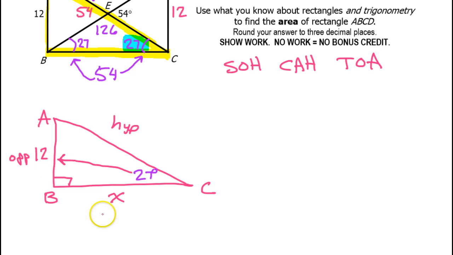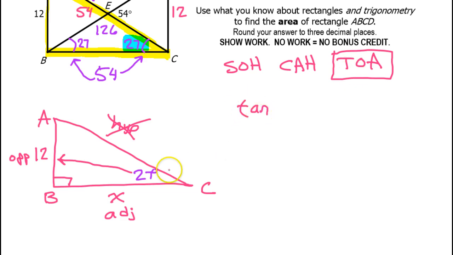So this is opposite, which means that this is adjacent. But the hypotenuse isn't doing anything. There's no number here, there's no variable, so ignore that. So all we really have is opposite and adjacent. So which function is that? Alright, that's this one. See the opposite and the adjacent right in there. So this is tangent.